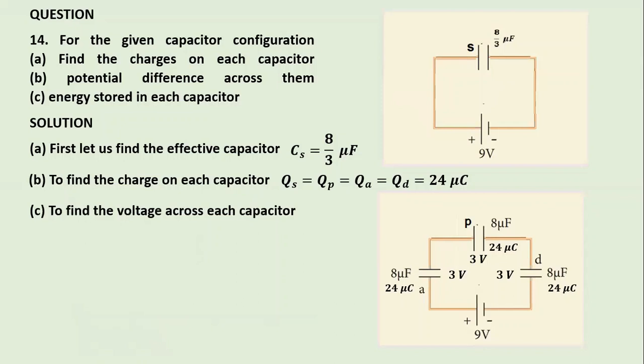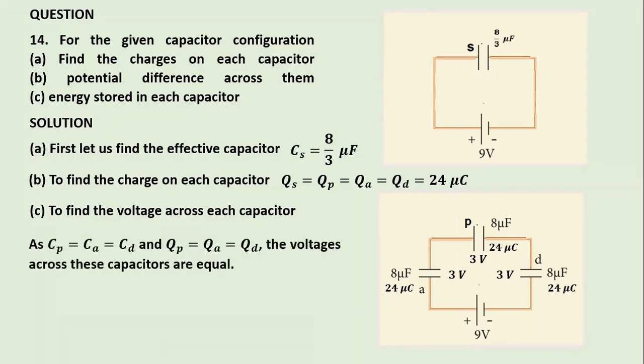Let us now find the voltages across each capacitor. Each capacitor has the same capacitance and the same charge, so definitely the voltage across each of them would be the same.